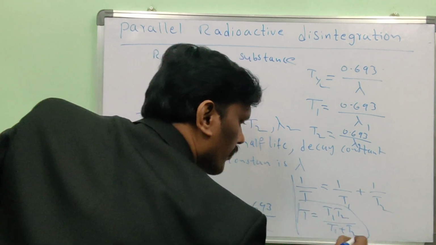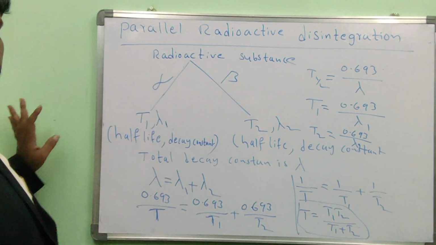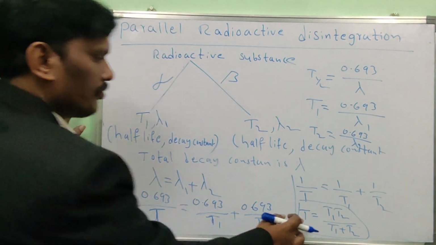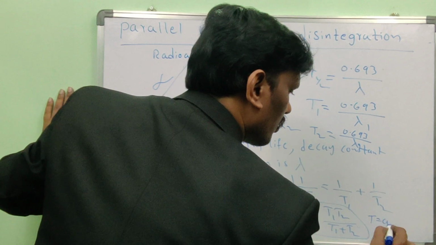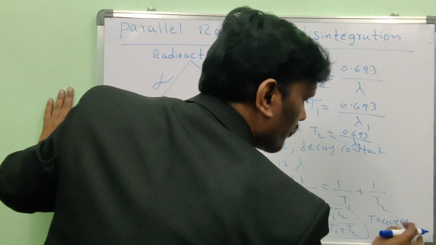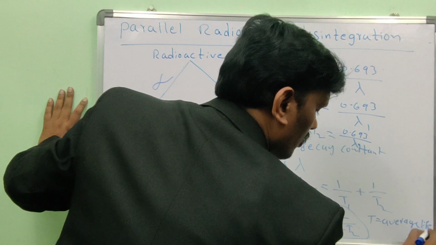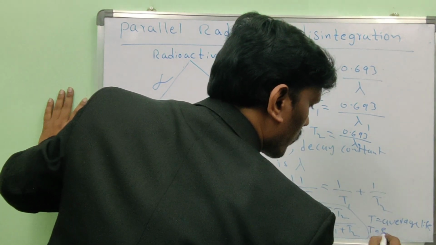So this is the required formula to calculate average life or effective life, where T is called the average life or effective life.